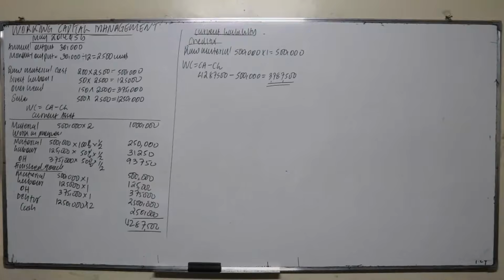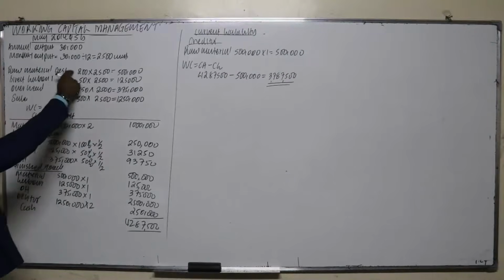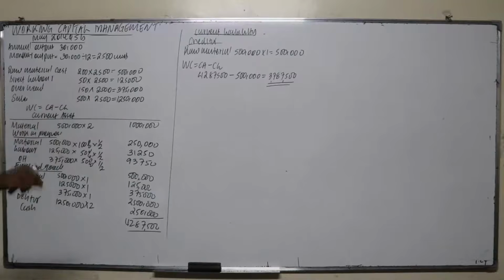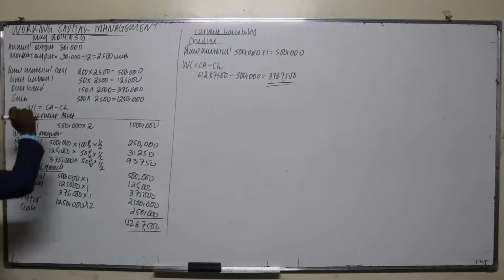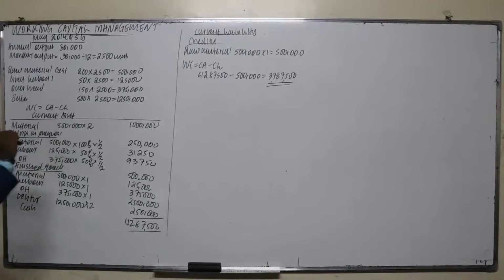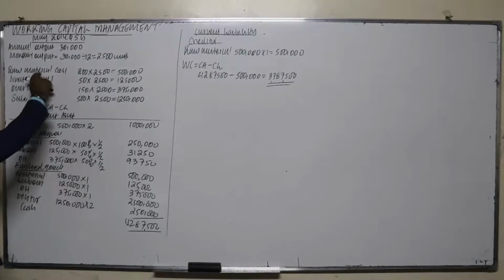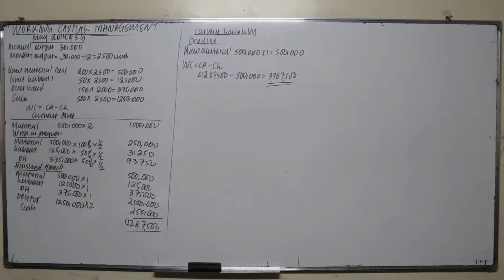In case it was a creditor, that could be accrual, but you're not told accrual. You're told that credit allowed to supplier. So the supplier is only for the raw material. Direct labor is an internal cost. An internal cost is not a creditor. Overhead is an internal cost, therefore does not give credit. The only supply is only for the raw material.